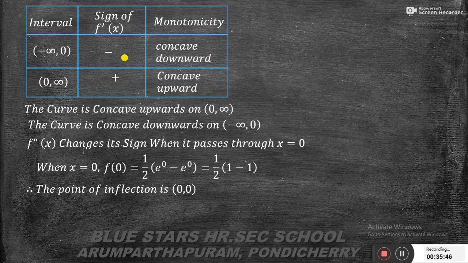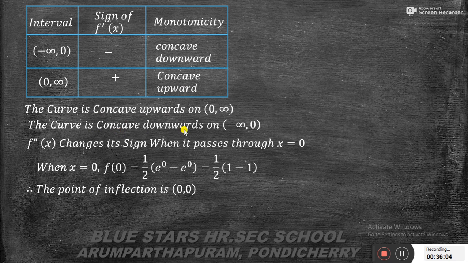Suppose I take x equal to 1 and substitute in f double dash of x. I get the sign plus in this answer. Plus means concave upward. So the curve is concave upward on 0 comma infinity.